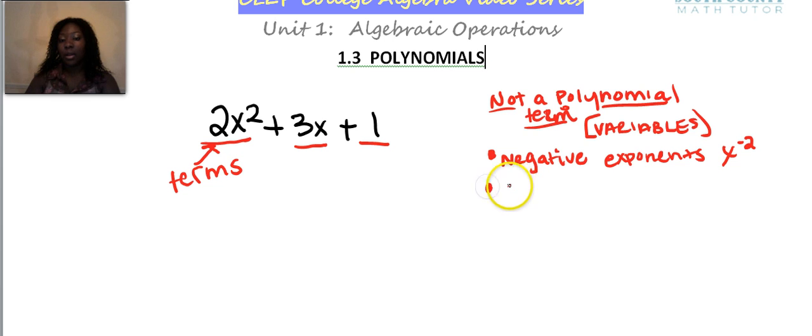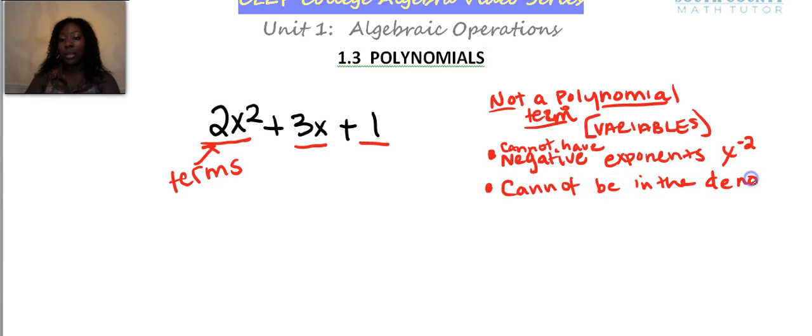The variable cannot be in the denominator, the bottom, for example 1 over x cubed.